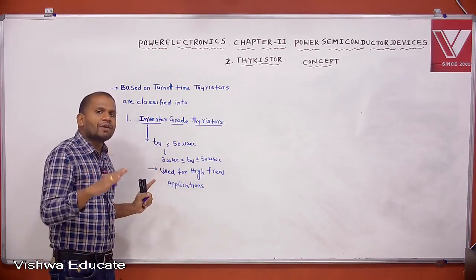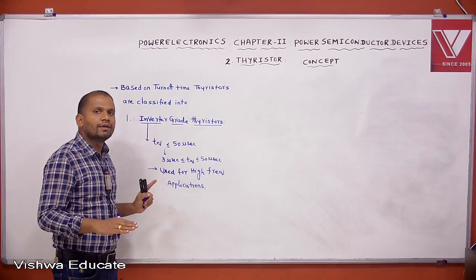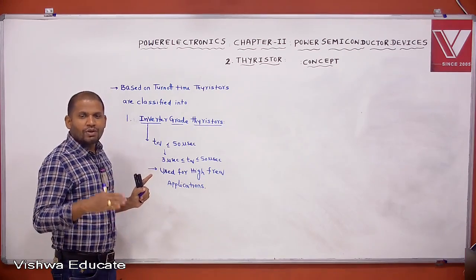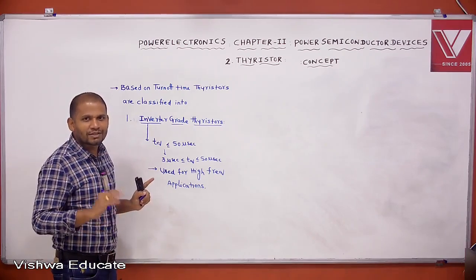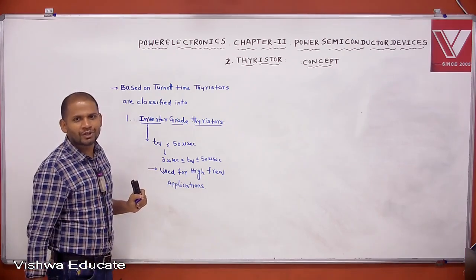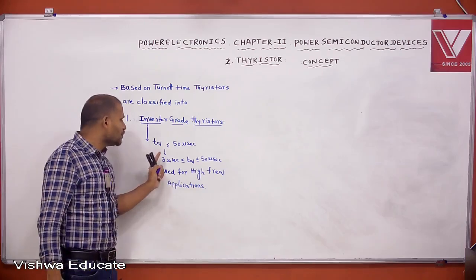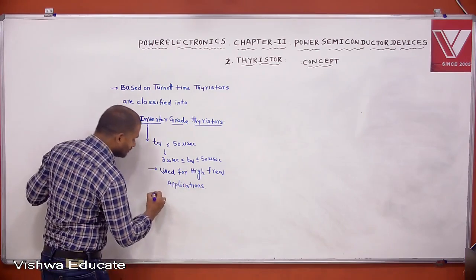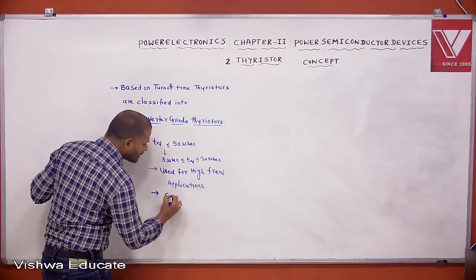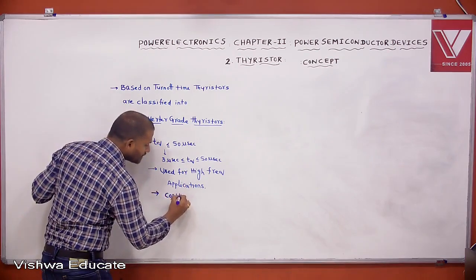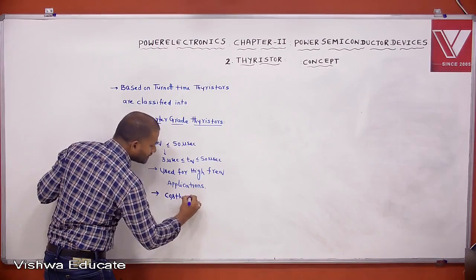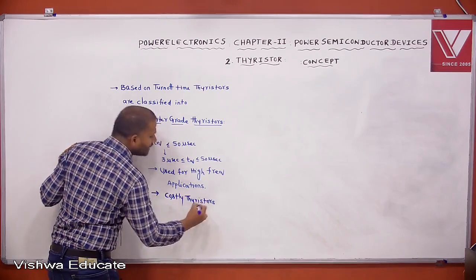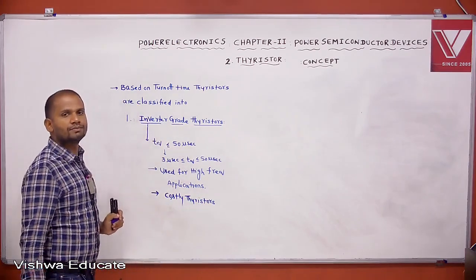If the turn off time reduces, the time of operation also reduces. Once the time of operation reduces, the frequency of operation increases. Then these are costly thyristors. Inverter grade thyristors are high cost.